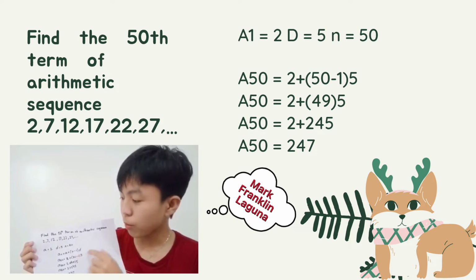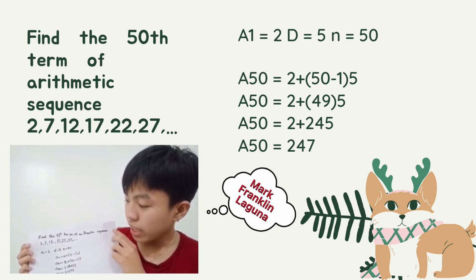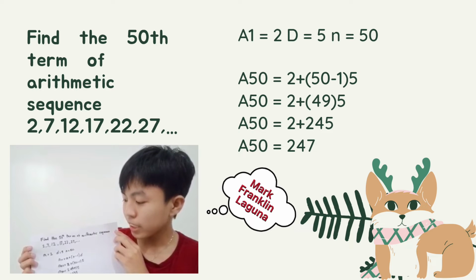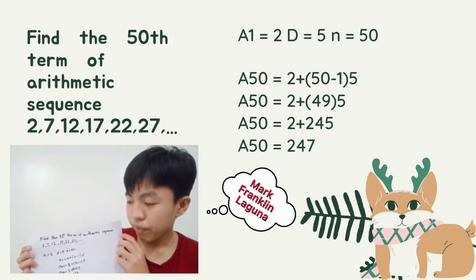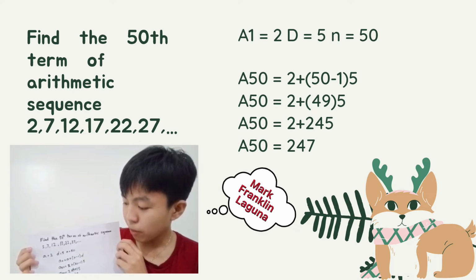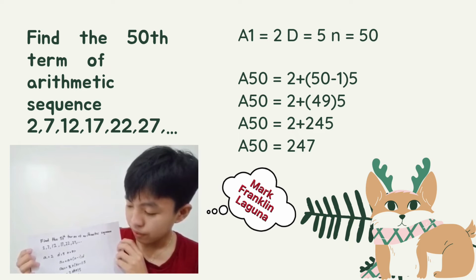So this is the formula of arithmetic sequence: An is equal to A plus (N minus 1) times D. A50 is equal to 2 plus (50 minus 1)(5).